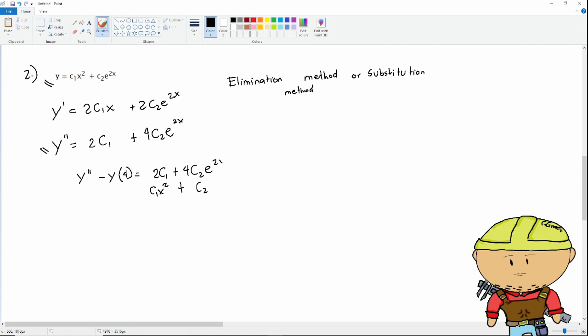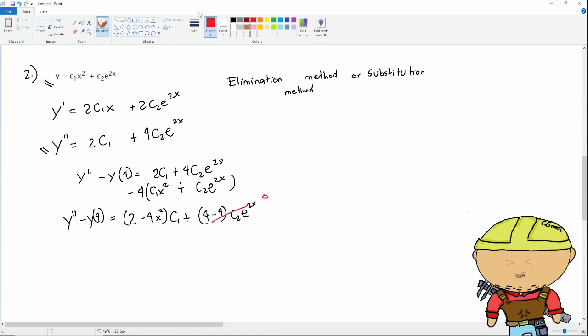But c2 e to the 2x multiplied by e to the 2x, when we multiply y by 4 and subtract it from the first equation, we can eliminate c2, because 2 minus 4x squared multiplied to c1, that's our c1 coefficient, while c2 will have 4 minus 4 c2 e to the 2x, and 4 minus 4 is 0, and any number multiplied by 0 will become 0.